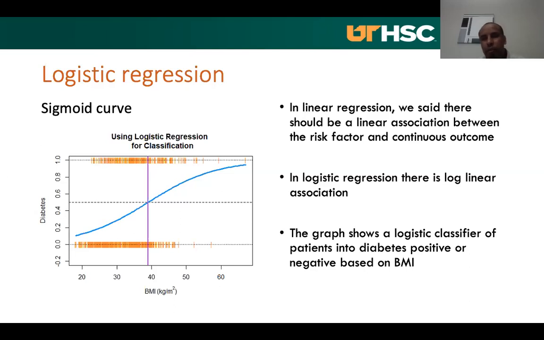So in linear regression, we said there should be a linear association between the risk factor and the continuous outcome. In logistic regression, there is a log linear association, which has such a sigmoid curve when we plot the scatter plot between the two variables, the continuous predictor and the binary outcome.